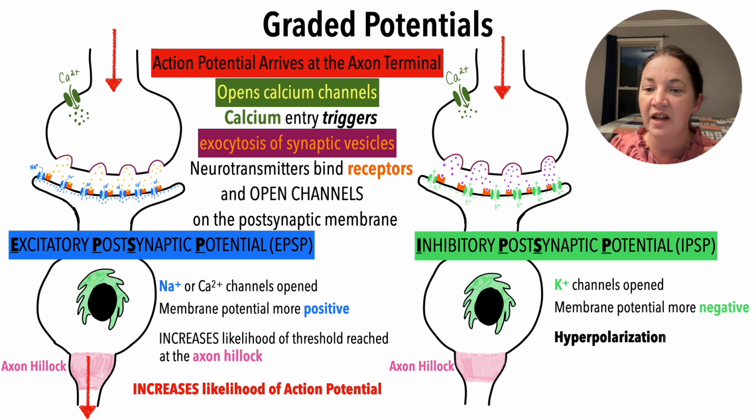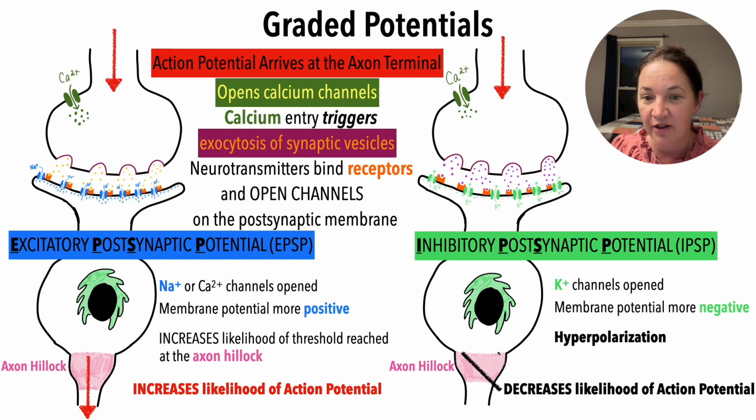We even say that it's been hyperpolarized. It's like extra negative. And that means that we decrease the likelihood of an action potential being fired at the axon hillock. And this is the way that your brain can use different neurotransmitters to stimulate some activities and to inhibit others. And same with your muscles, to stimulate some muscles and then relax other muscles.